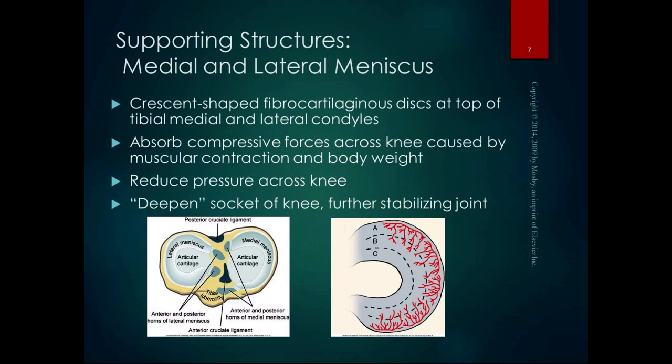So a lot of times with meniscus tears, how they heal depends on where they are located, and whether or not you'll need surgery depends on where the tear is located. If you have a tear in the outer area, it might heal better because it has better vascularity. In the inner area, it probably won't heal, and you'll have to get part of it removed.